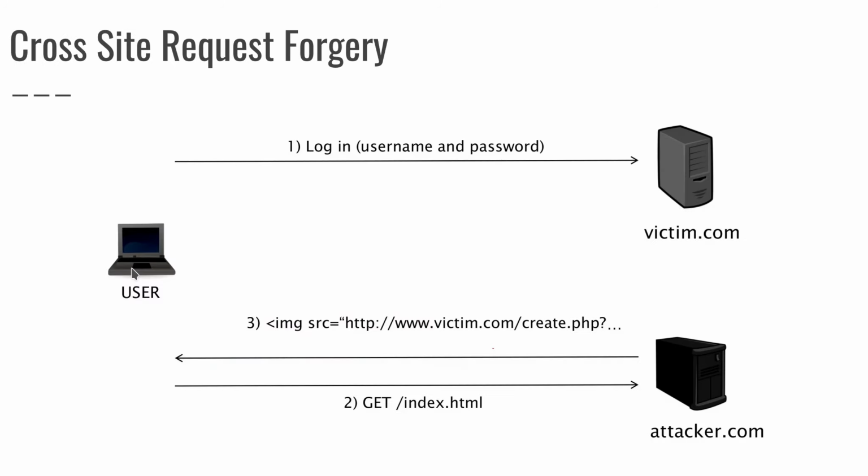Well, what we can do as an attacker now is we can employ an attack called cross-site request forgery, or CSRF for short. It works relatively simple. So we have a user we want to attack. In this case, this user is an admin on our website.